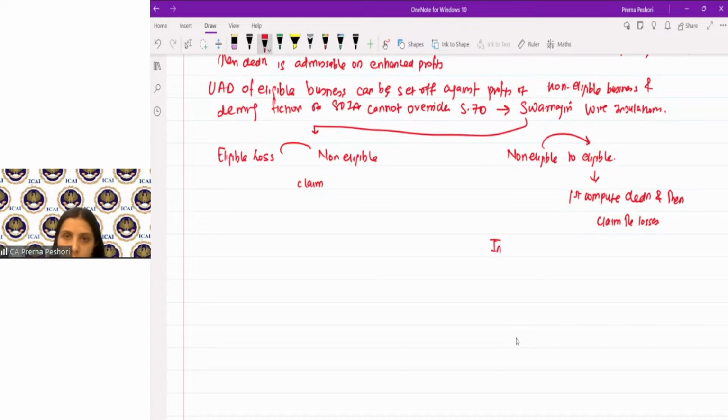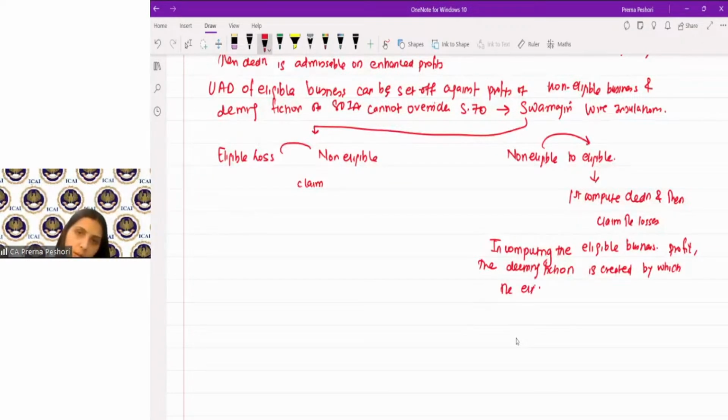So in computing the eligible business profit, the deeming fiction is created, by which the eligible business shall be considered as the only business of the assessee.